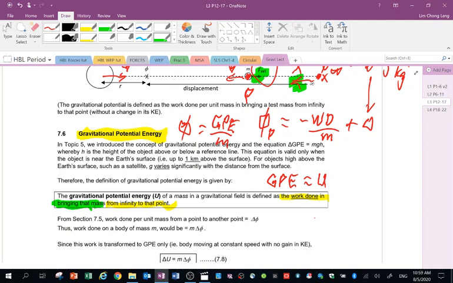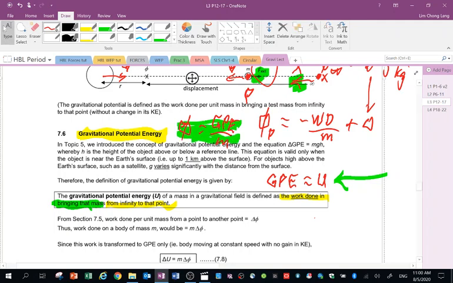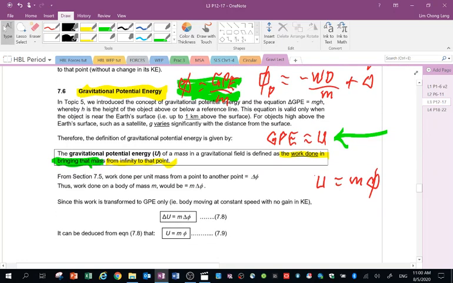Okay, so if I write it like this for this particular equation, now I can combine this, so then you will be able to see that actually GPE is equal to Mφ. That's how we get the subsequent equation.